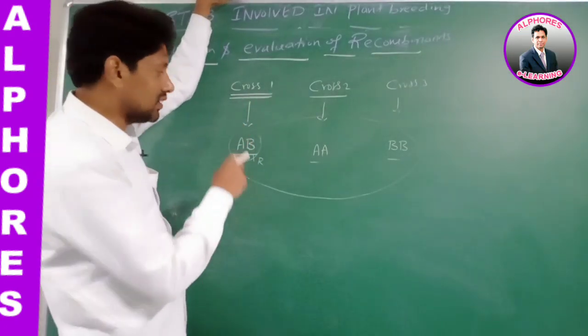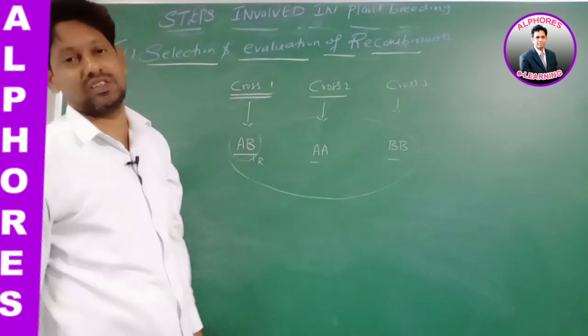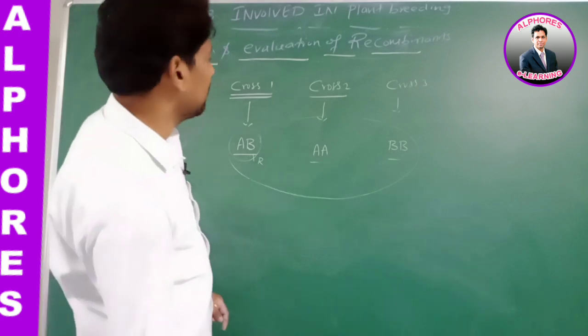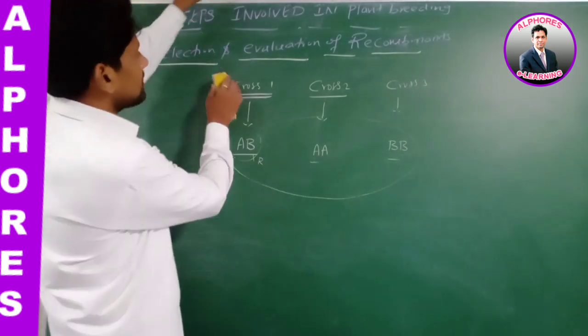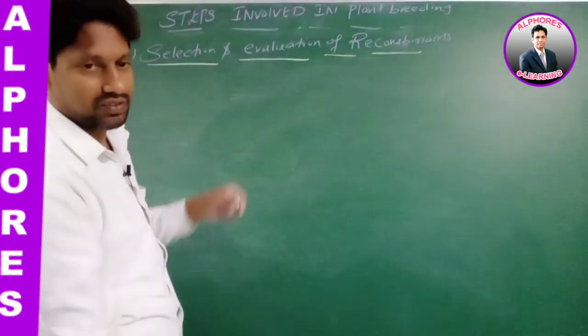Sir, how are you saying that this is a recombinant? Recombinant means having desirable characters of both the parents. Is this statement okay? Right. Therefore, what is this heading? Selection of recombinants. Right.